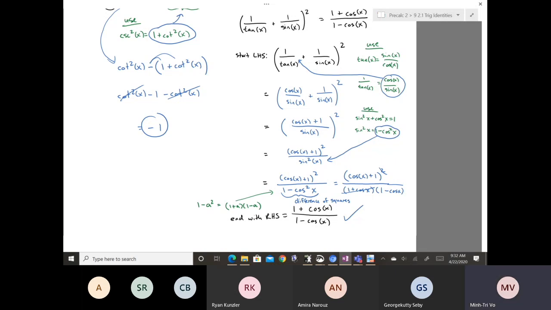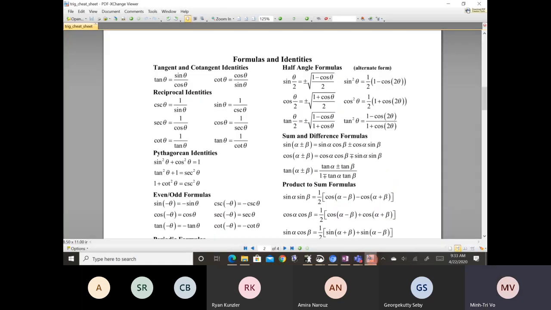Okay, so any questions on this in this section? So again, section 9.1 focuses on these identities, right?